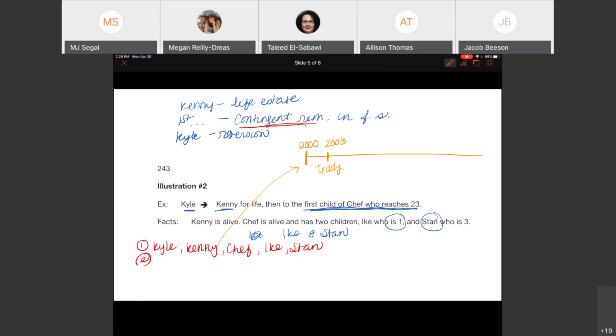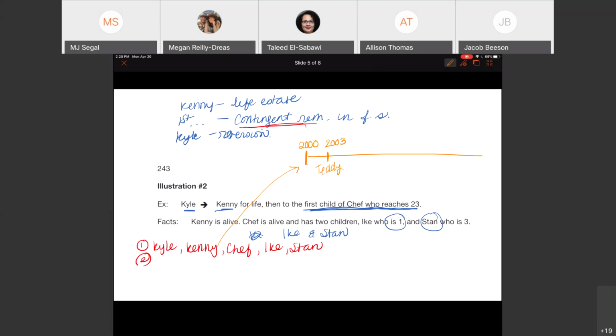Or people that may need to be birthed in order to have children that will then be in the class gift. What I mean by that is if the class gift is to grandchildren, you can give birth to another child that is then going to later give birth to grandchildren. You might have to give birth to a couple generations. That's what I'm saying. Okay, so we give birth to Teddy.